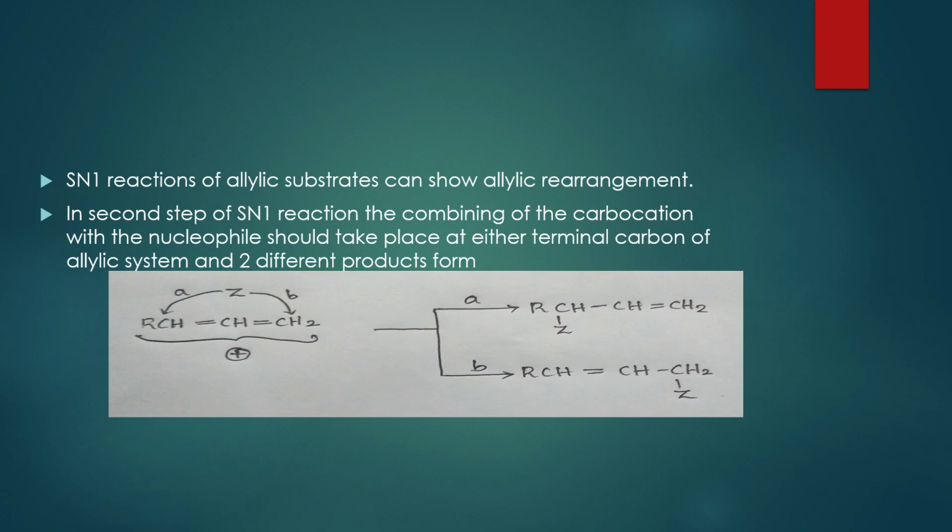As a result, when this allylic substrate undergoes nucleophilic substitution, we will get a mixture of two products, because the positive charge may be present on the terminal carbon or on the other side carbon atom, if our substrate is a substituted allylic compound or allylic halide.